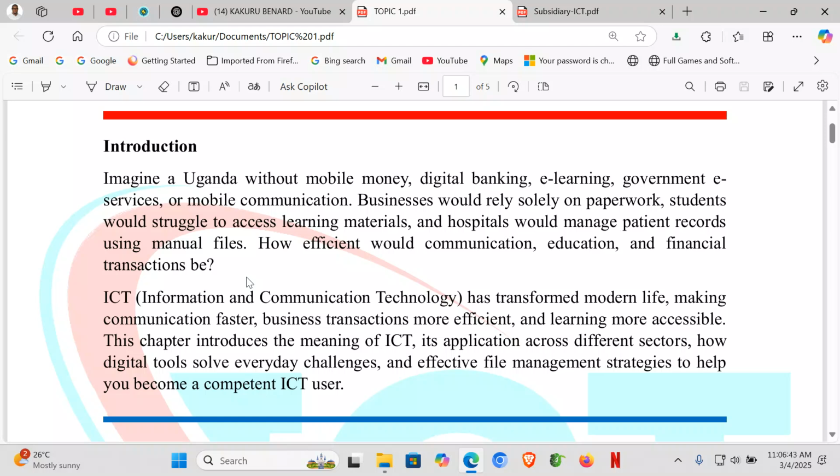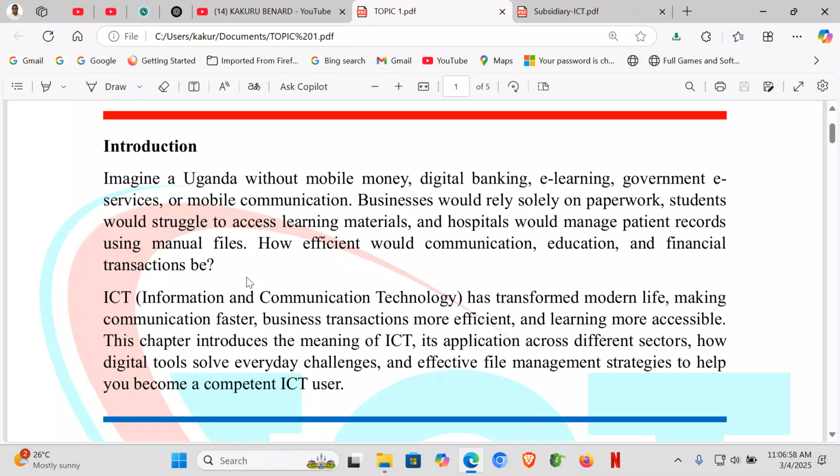ICT, which is information and communication technology, has transformed modern life, making communication faster, business transactions more efficient, and learning more accessible.